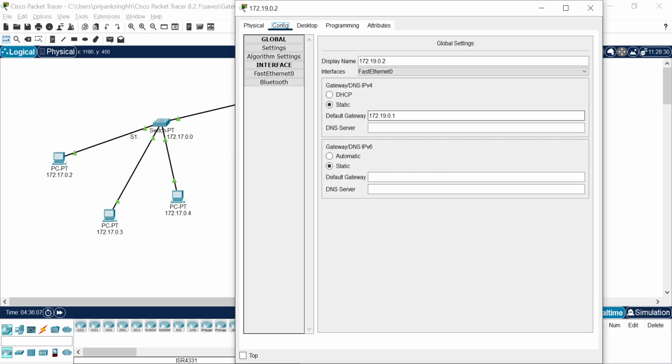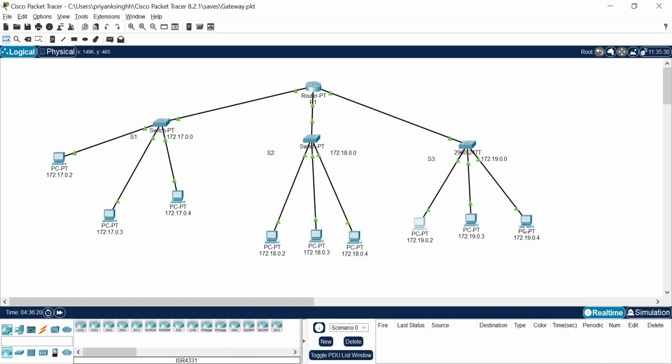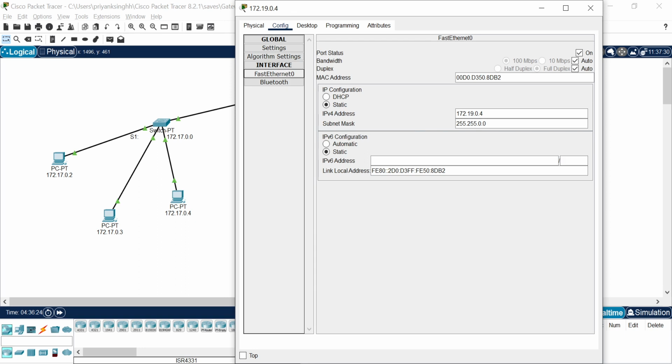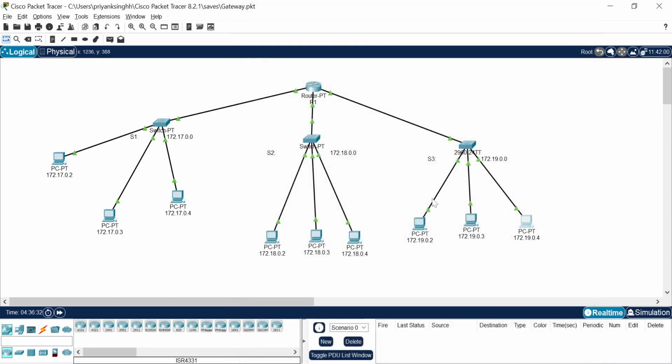I have entered 172.19.0.1 as the gateway, and 172.19.0.2 as the IP address for this PC. Similarly I have configured the last PC of this network, that is 172.19.0.4, and its gateway, that is 172.19.0.1.